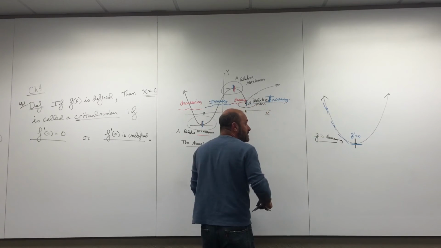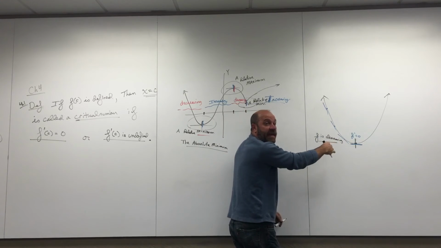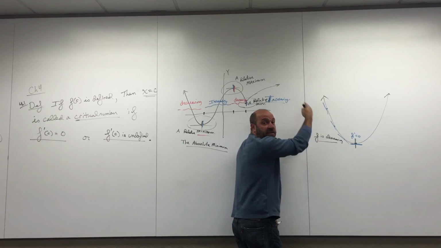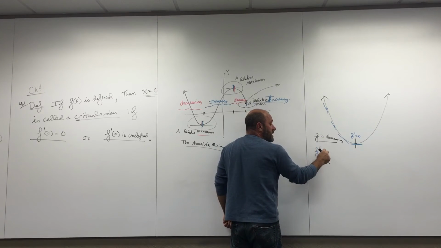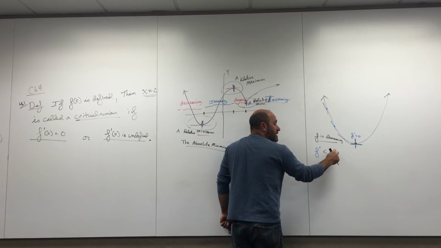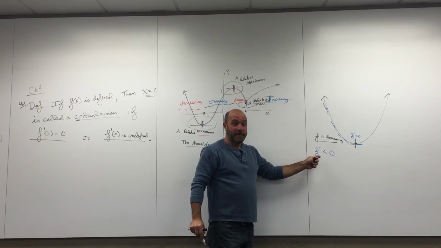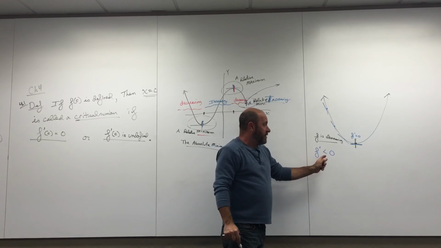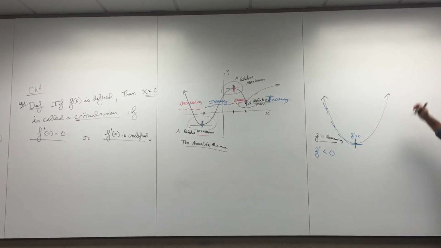So hang on, what did we just learn? The function is decreasing. The tangent lines look like they have a negative slope. If the tangent lines have a negative slope, then we're saying the derivative is negative. Is that okay with you? Then the derivative is 0, and then over on the other side, you would look at that function and say, oh yeah, that function is increasing.